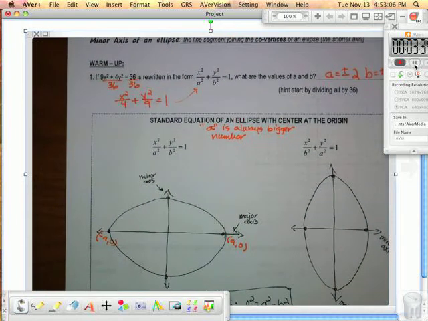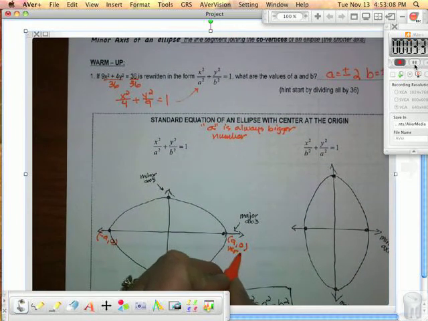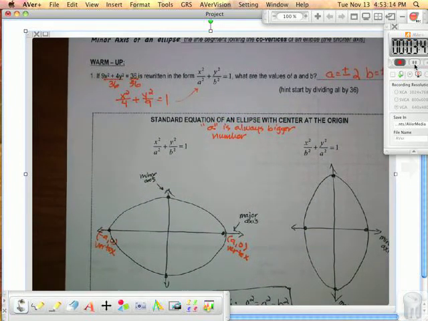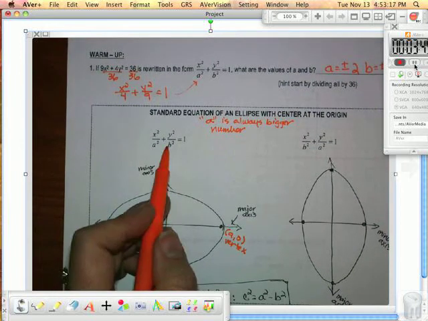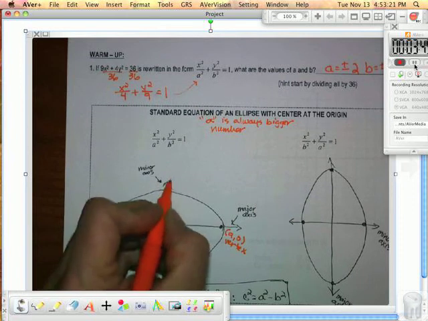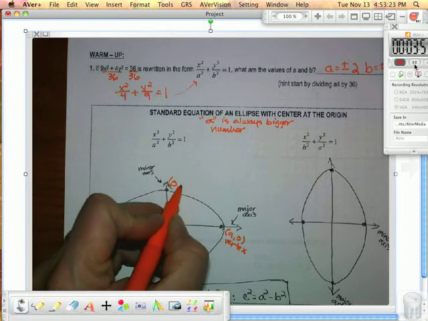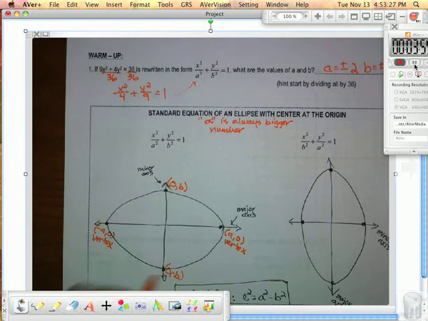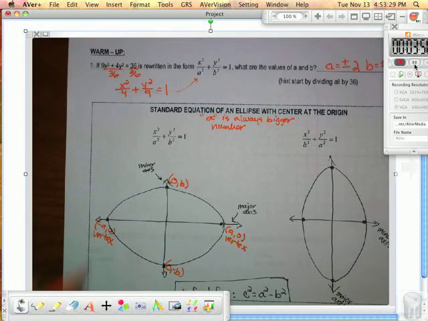This is going to be a vertex, or one of the vertices. Now b is going to be on the minor axis, the shorter axis. So that's going to be here on the y-axis, which is 0, b here, and 0, negative b here. And that is a covertex.